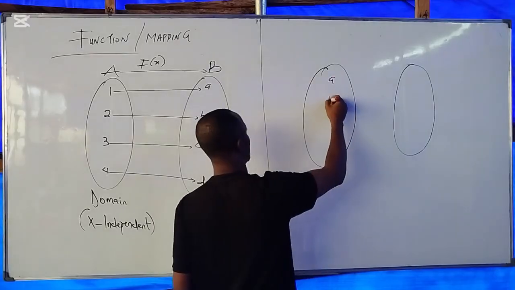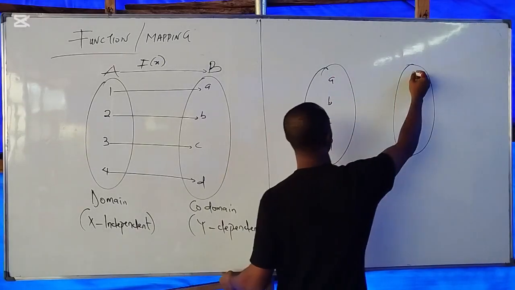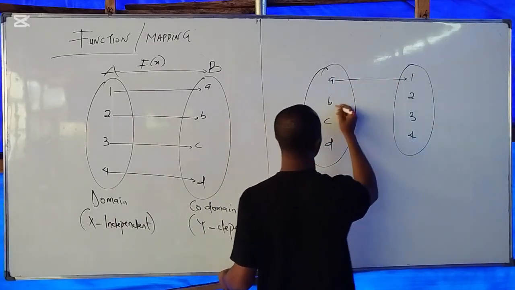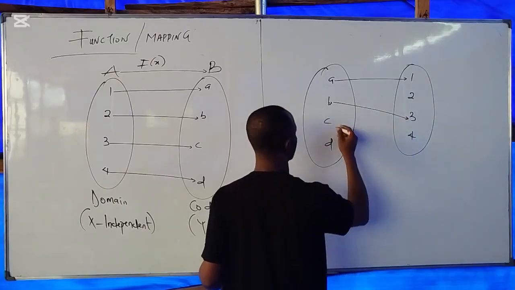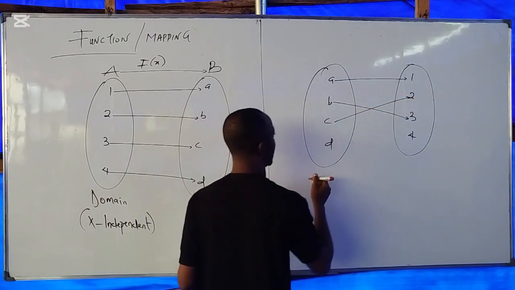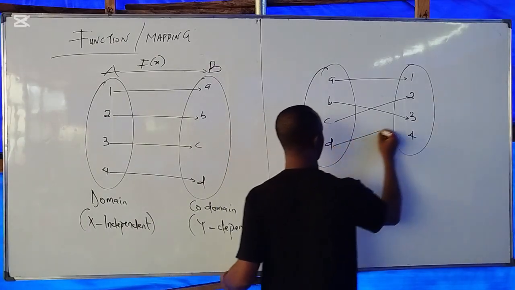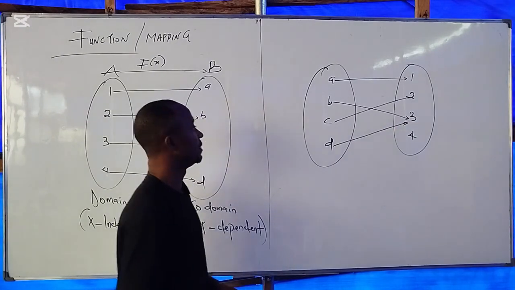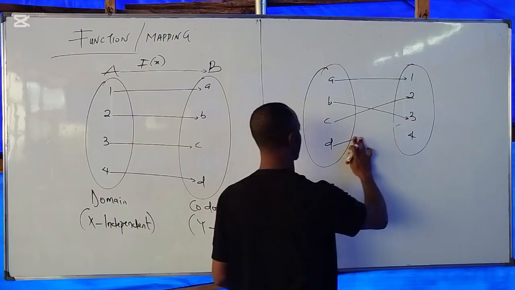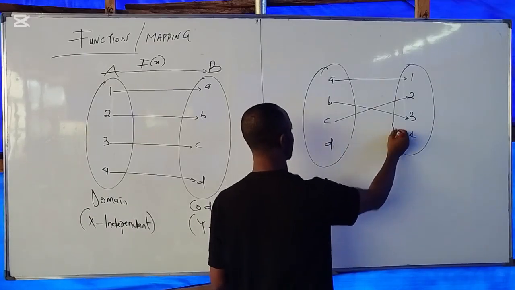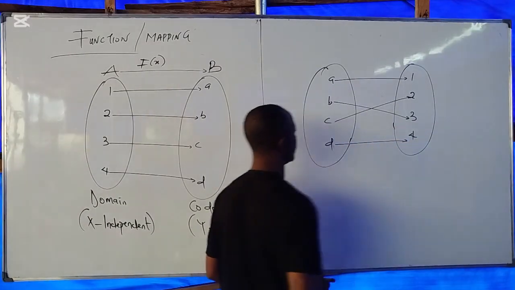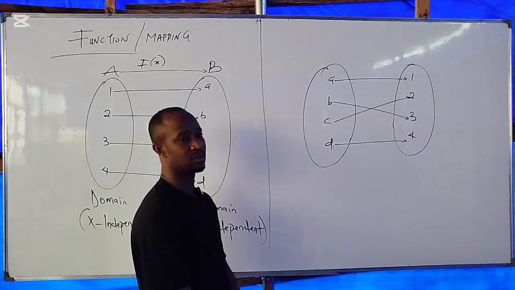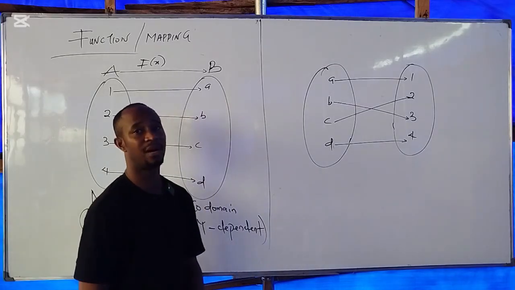Another good example is this. If we have A, B, C, and D, and we have 1, 2, 3, and 4. If A is mapped to 1, B is mapped to 3, C is mapped to 2, and D is mapped to 4, this is also called a one-to-one mapping function.